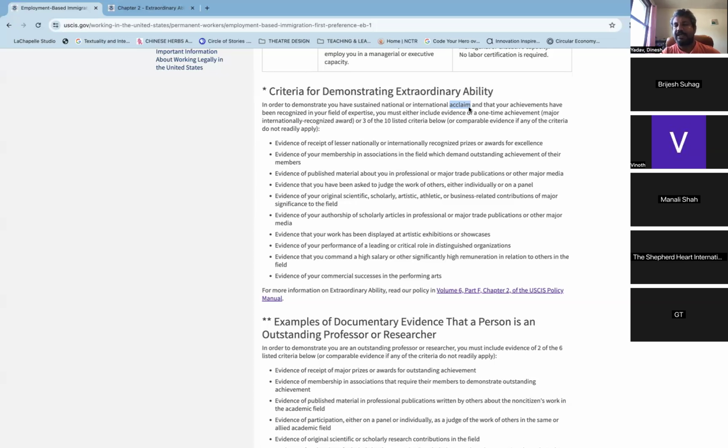That you may have started on a small scale, or with a very small qualification, but in the last 10, 15 years, you have achieved consecutively, year by year, progressively in that field.